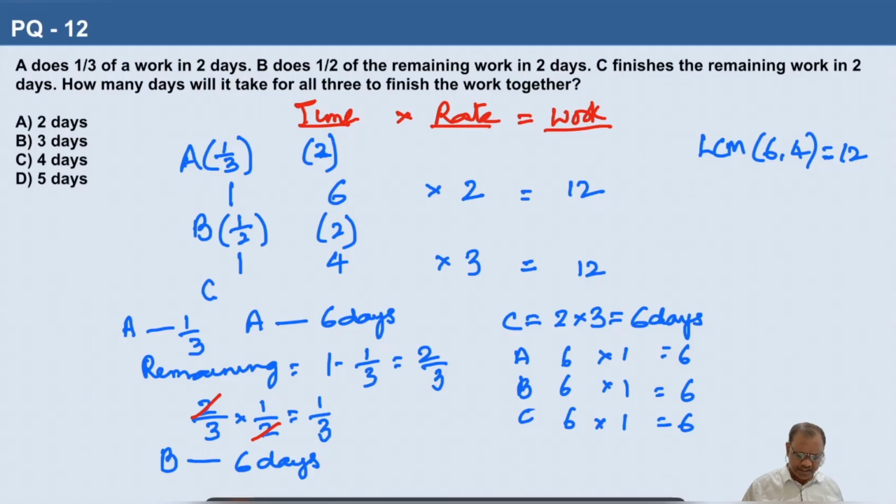So when all three are working together, total 6 units, 3 units per day, they will take 2 days to complete the work. This is the answer. This is the easy way of solving this question. So the correct answer is option A.